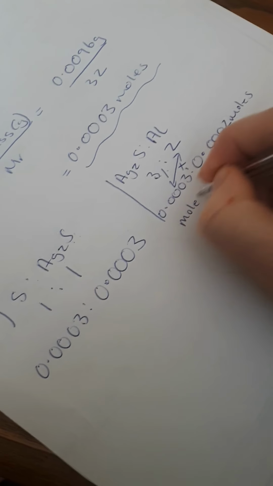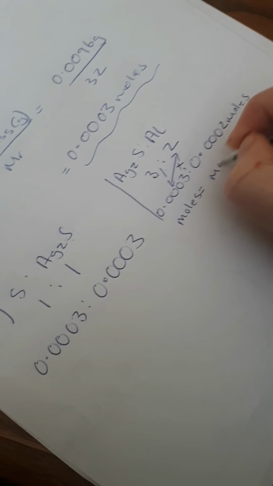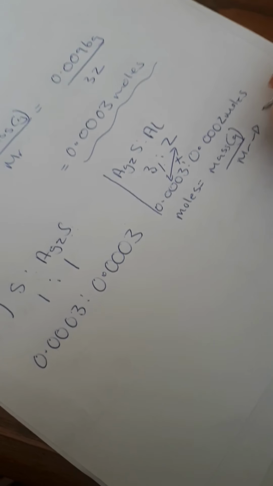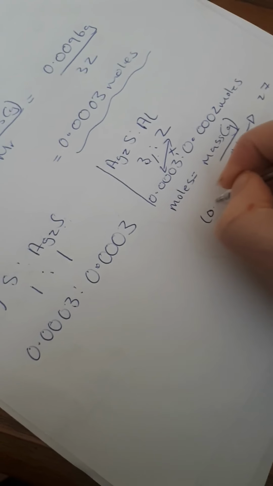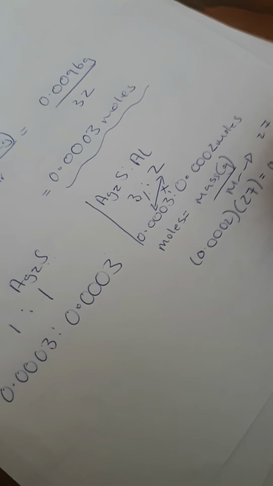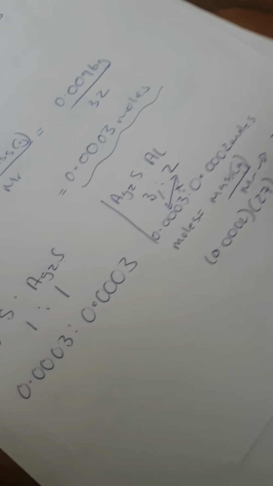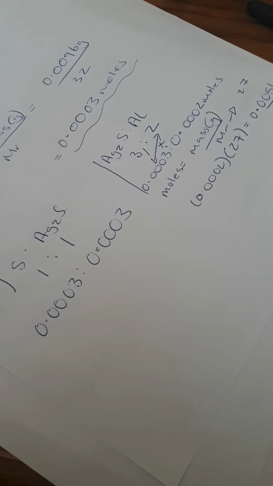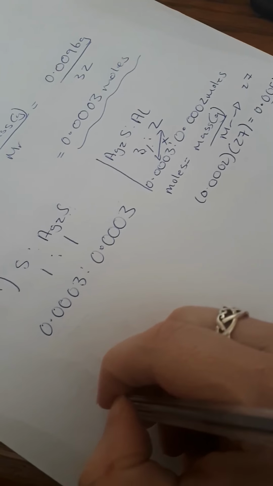So moles is equal to mass in grams divided by Mr, and my Mr of aluminium is 27. So 0.0002 multiplied by 27 gives a mass of 0.0054 grams.